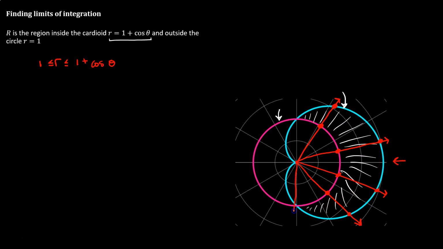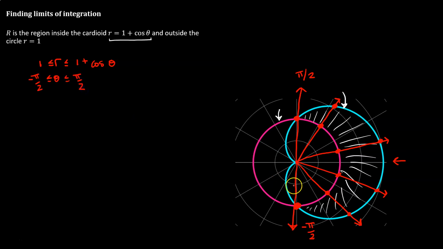And so if I drew a ray down here at slightly less than negative pi over 2, I'd see that I'm going to enter the region as soon as I hit negative pi over 2. And then I can let those rays rotate until I come up to the top over here. And if I were to draw a ray at that edge, I would exit the region at positive pi over 2. So my theta bounds would be from negative pi over 2 up to positive pi over 2.